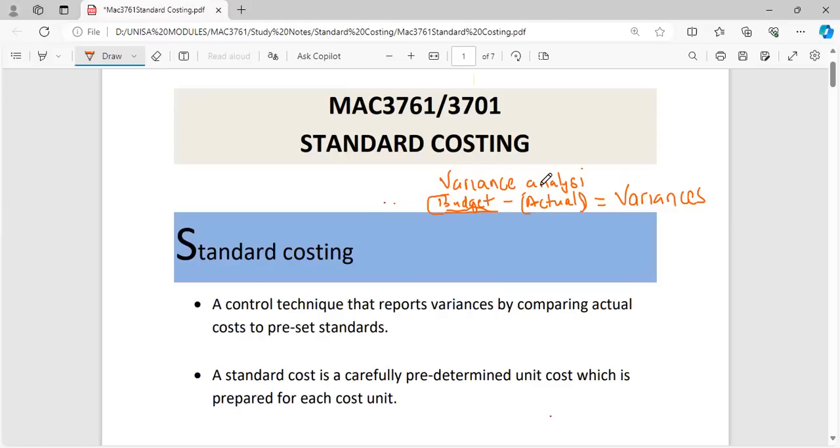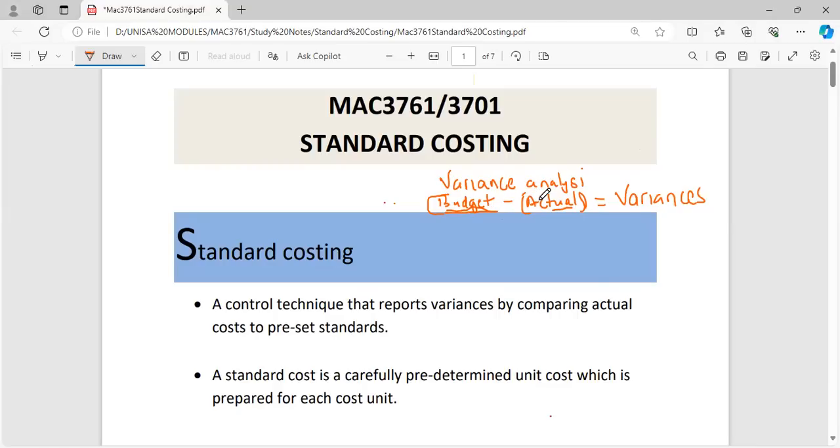Even at home, we always use our actual expenses. Like last month, you used this amount for groceries, so you use it as your budget for the following month. The same applies to companies. They use their previous actuals as their budget for the following year.